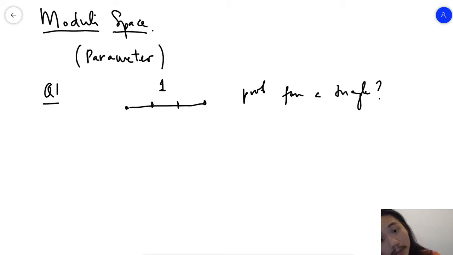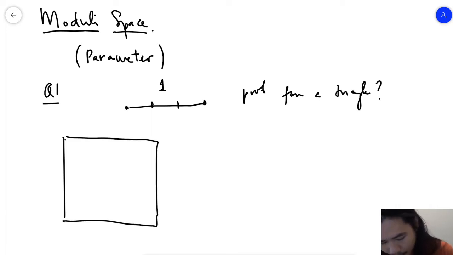So the way to approach this problem is you consider the parameter space of what the possible places of the points. So consider a square of side length 1. This can be considered as the parameter space of the set of points. Let's color this orange, or red.